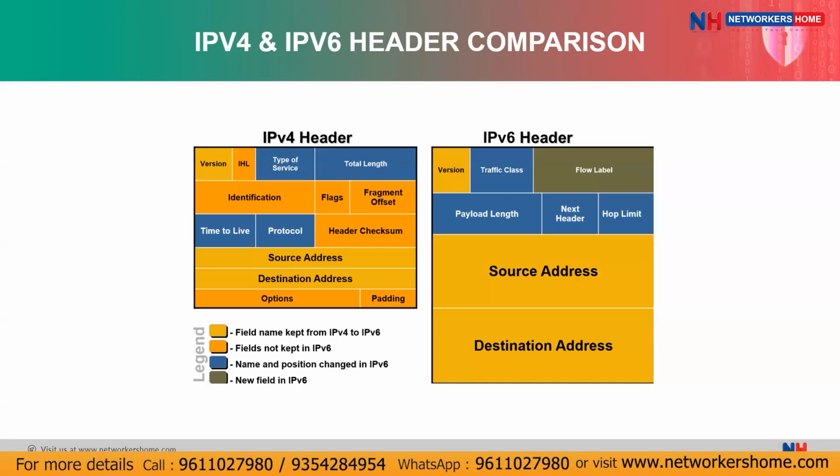Time to live and protocol sections change in IP version 6; for that we have the payload length, next header, and hop limit. After that we have source address and destination address. So we can say IP version 6 is very simple and more informative in comparison to the IP version 4 header.